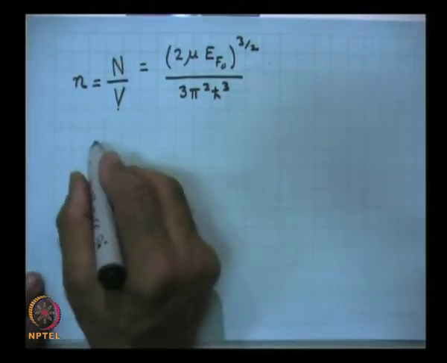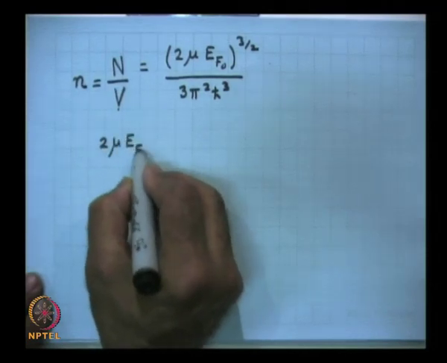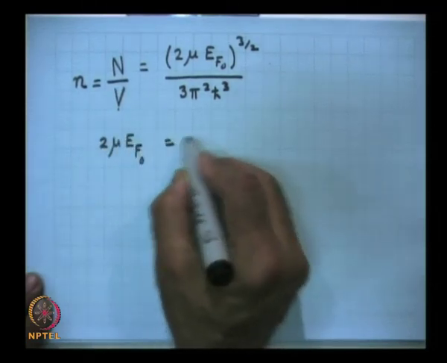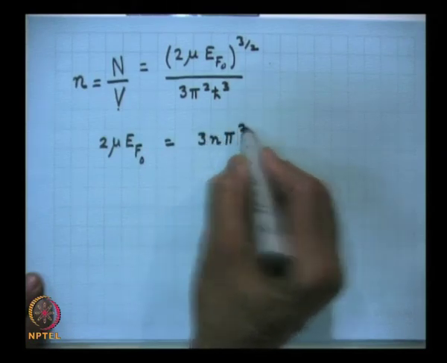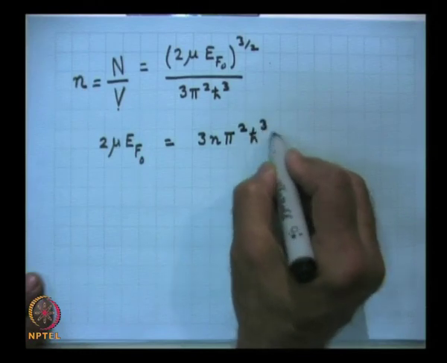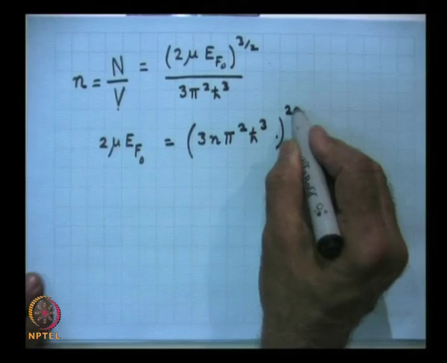So, from this we can write down 2 mu E f 0 is equal to 3 n pi square h cross cubed raised to the power of 2 by 3.